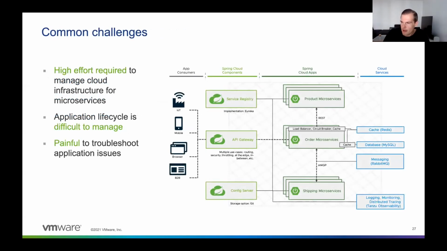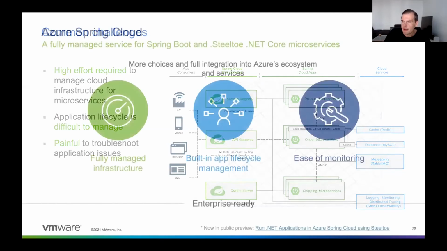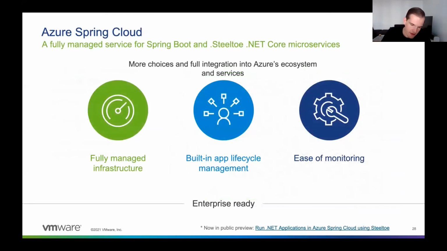And yeah, the problem with that architecture is there are several components like the Eureka registry and the config server, for example, that have to be installed or available. And it's also painful to troubleshoot application issues. For that, there are platforms available, like, for example, Azure Spring Cloud. And at VMware, we introduced, together with Microsoft, an enterprise tier with even more components of the VMware Tanzu portfolio.